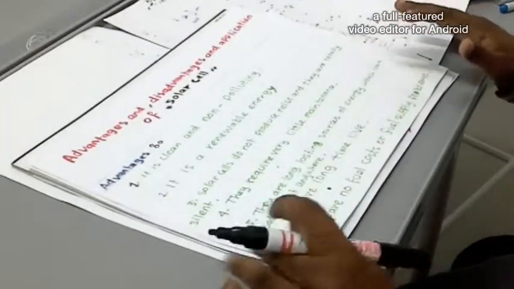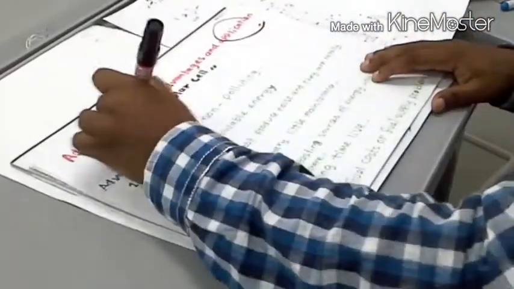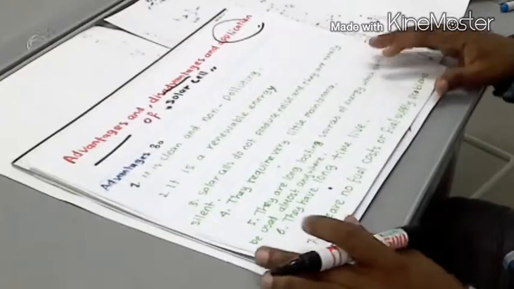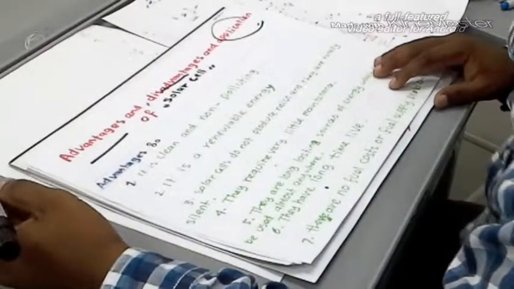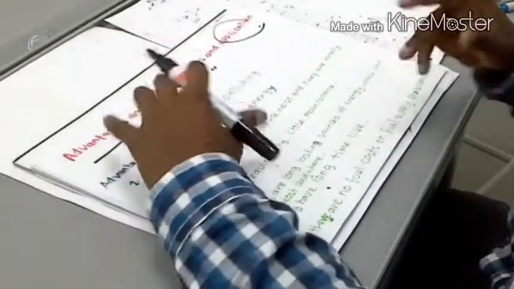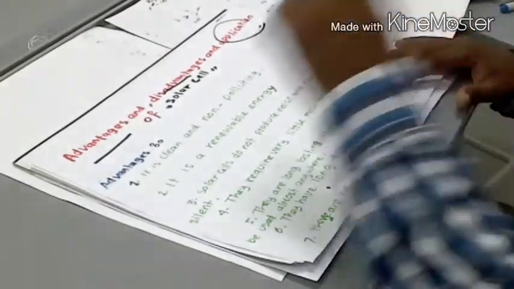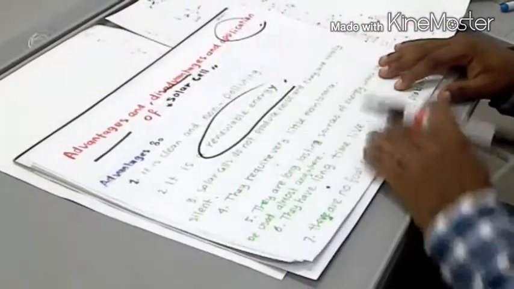Let's see now the advantages and disadvantages of the solar cell. We already saw the applications. The first advantage of the solar cell is that it is clean and not polluting compared to other sources of energy, and it is also renewable energy.